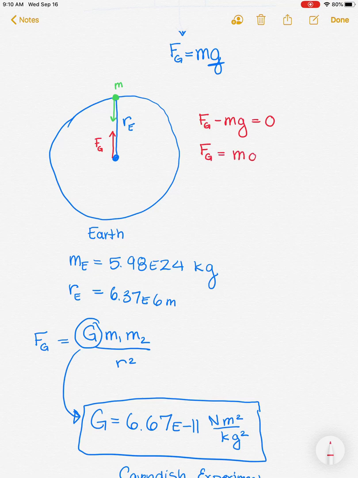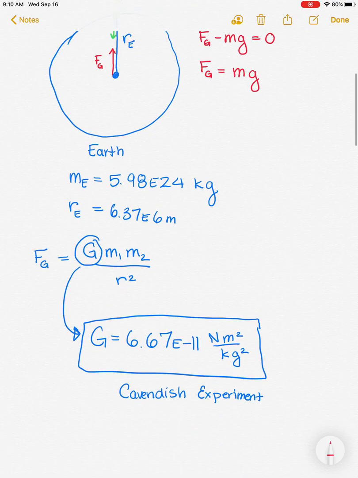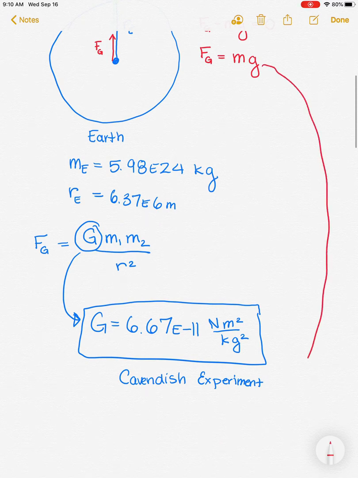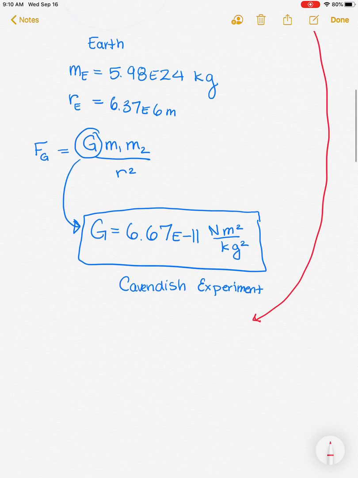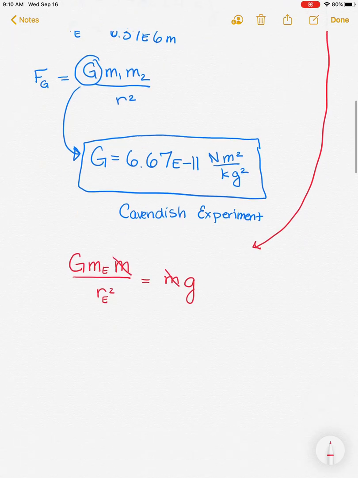Then we can say F sub g is equal to mg. Looking at this further, we have big G times the mass of Earth times the mass of your object divided by the radius of Earth squared, equal to the mass of the object times the gravitational constant of Earth.